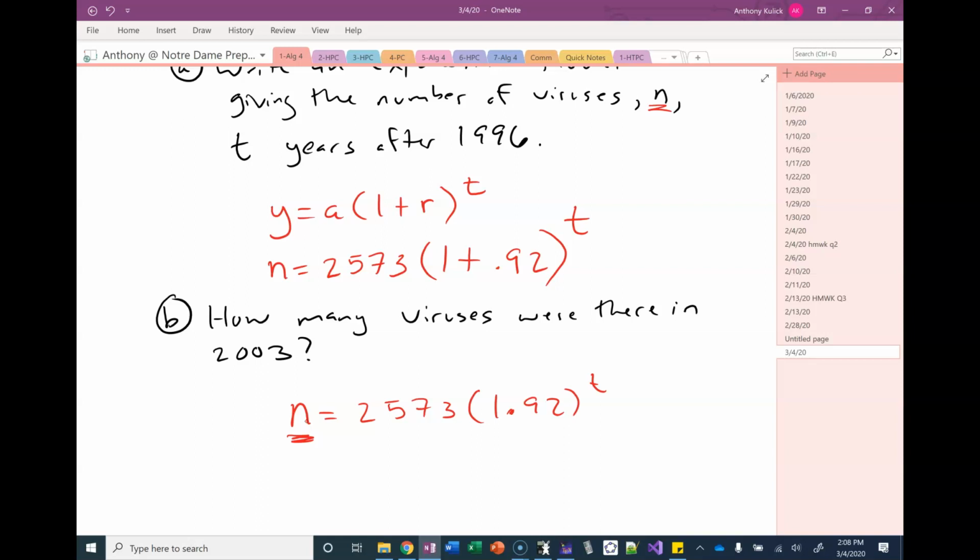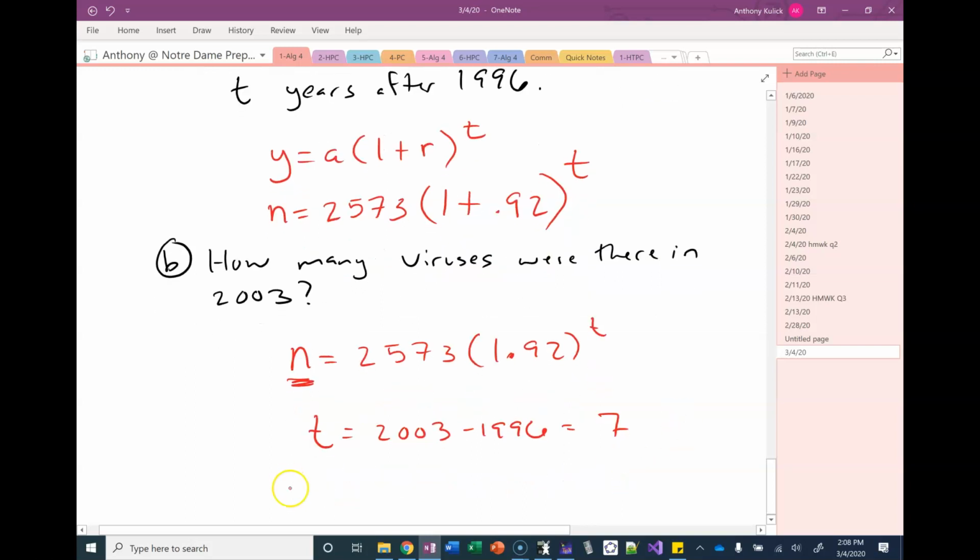T. Great. So what is T going to be? Why 7? Great. So the problem says T is the number of years after 1996. And if I look at 2003, that is 7 years after 1996.